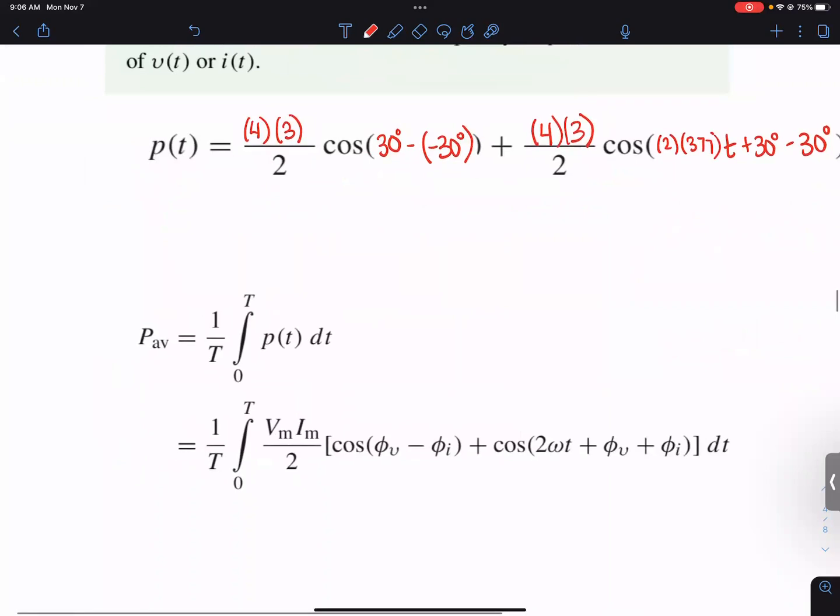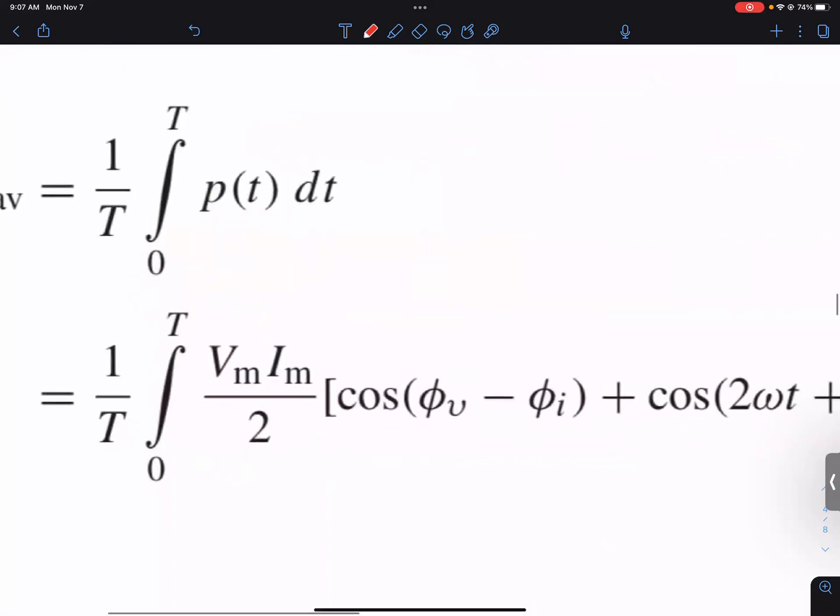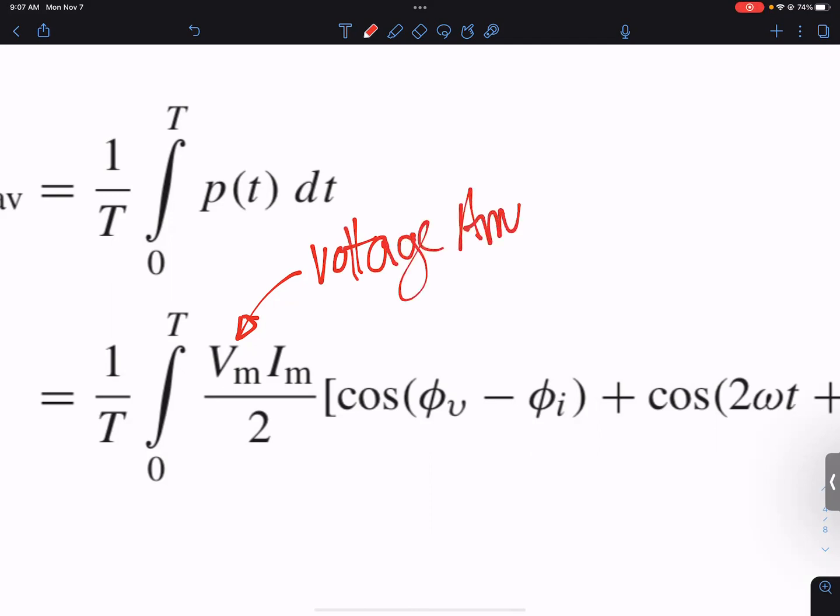All right, so for average power, we're going to do the same thing we just did: 1 over T, integrate it, and now you're going to integrate that function. Vm is the peak voltage amplitude. In our previous graphs, that was, I think, 4.